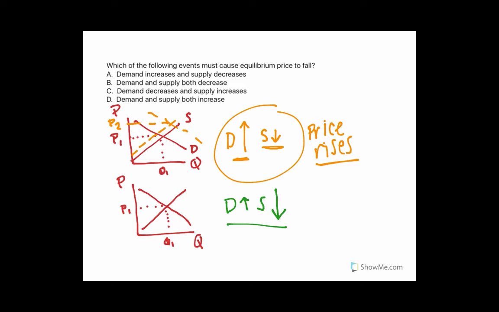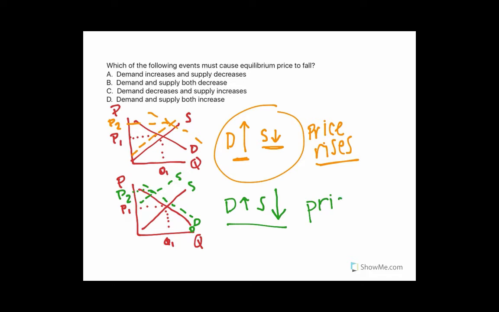So a small increase in demand or a small rightward shift, and a big decrease in supply or a great leftward shift. So this is supply, both of these are demand, and that brings us to a new equilibrium price of P2. So different things happen in this scenario.